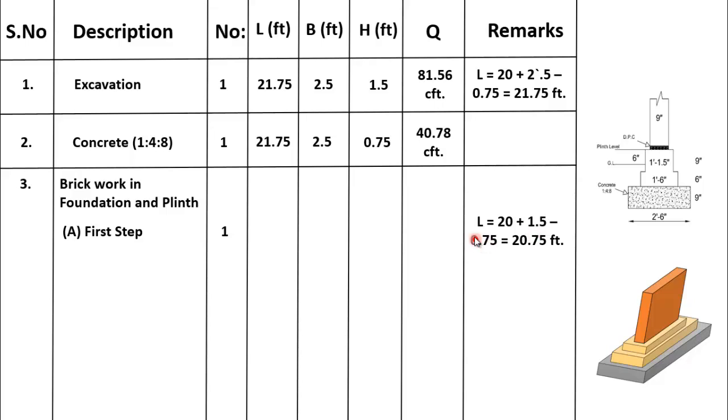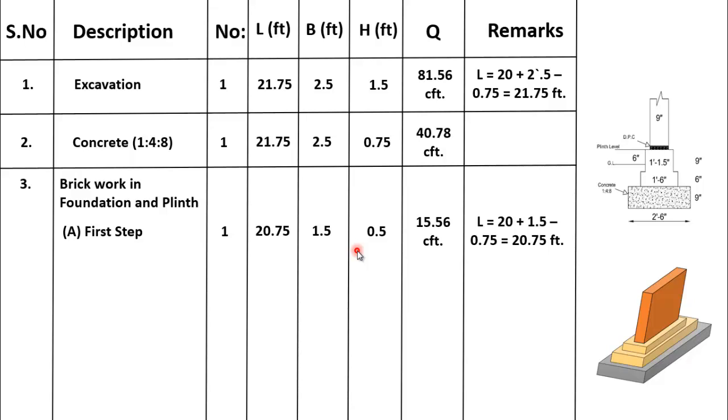After simple calculation, we will get length of the first step is 20.75. The width of the first strip is 1 feet 6 inches or 1.5 feet. The thickness of the first strip is 6 inches or 0.5 feet. After multiplying these all values, we will get total quantity of brickwork in first strip is 15.56 cubic feet.